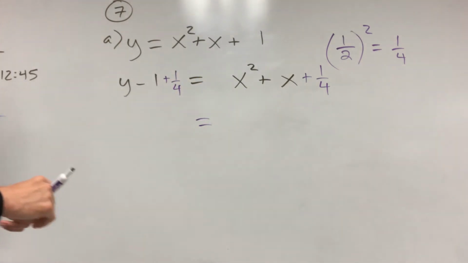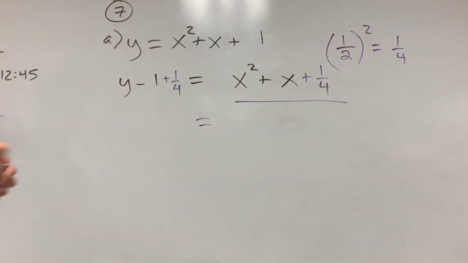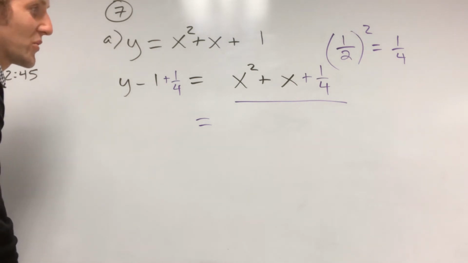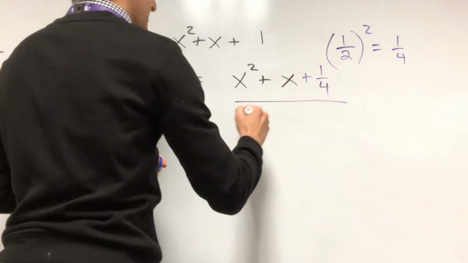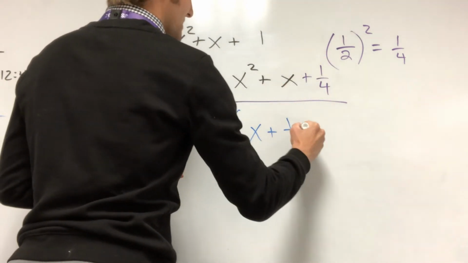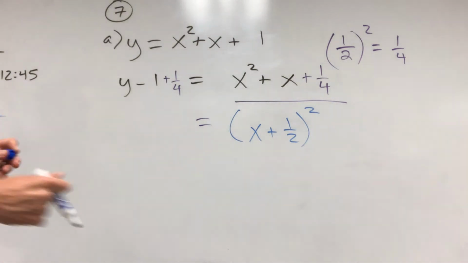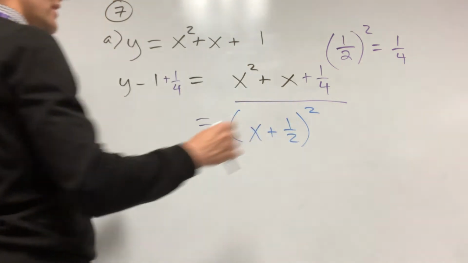And now, believe it or not, this can be factored. What multiplies to a quarter yet adds to 1? Well, that's always half the middle term. So it does factor to be x plus 1/2 parentheses squared. Multiply 1/2 times 1/2 is a quarter. 1/2 plus 1/2 is 1.